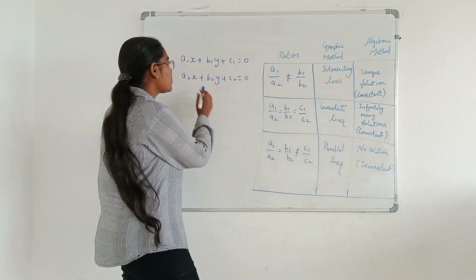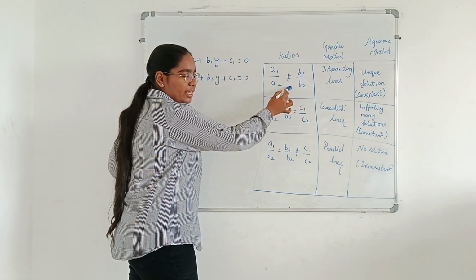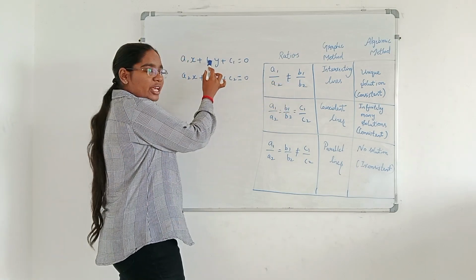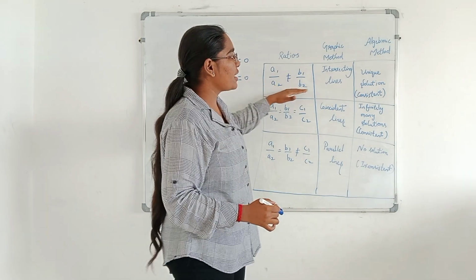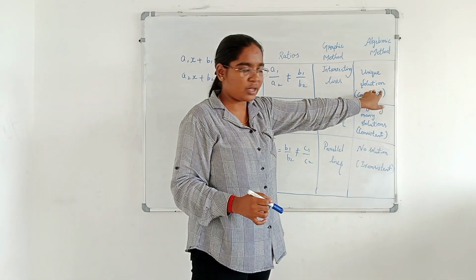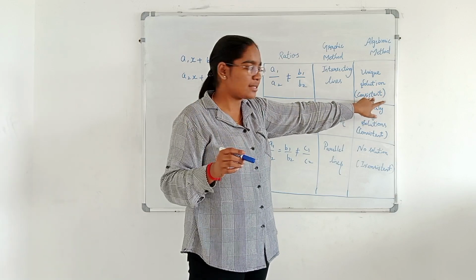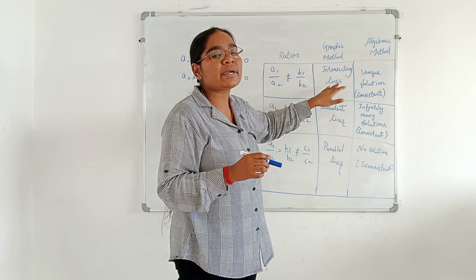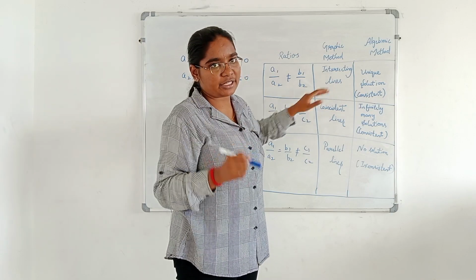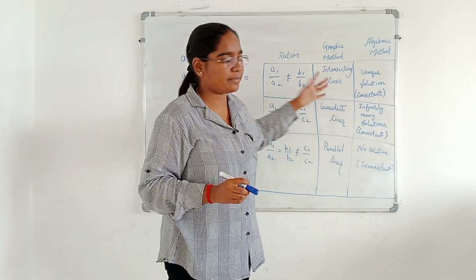If a1 divided by a2 is not equal to b1 divided by b2, then it has a unique solution. If it has a unique solution, then the equations are consistent, and in the graphical method the lines will be intersecting at a point, at that solution.